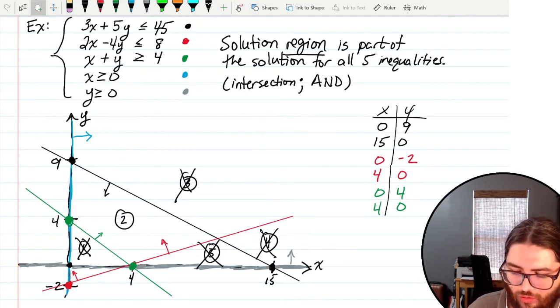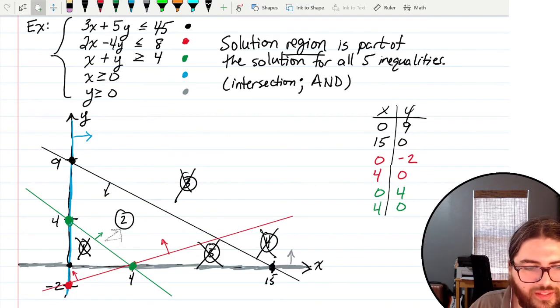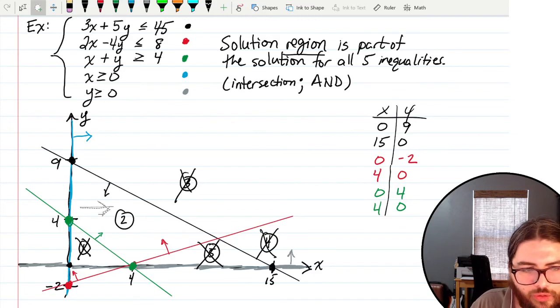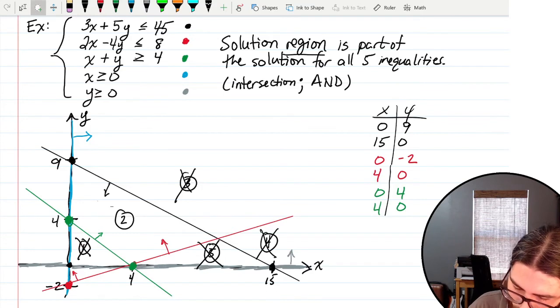Does the green arrow point towards region 2? Yeah, it does. The blue arrow? I think so, right? I'll start here and show the arrow here. The blue arrow points towards region 2, and the gray arrow points towards region 2 as well.